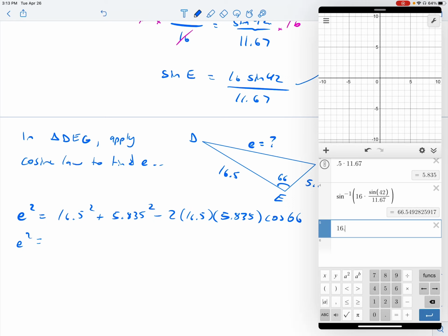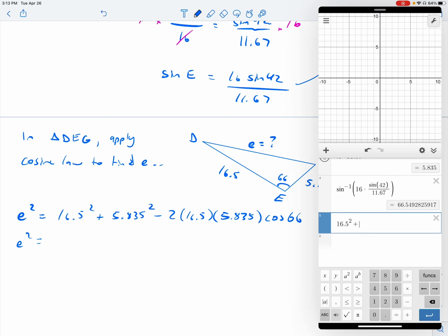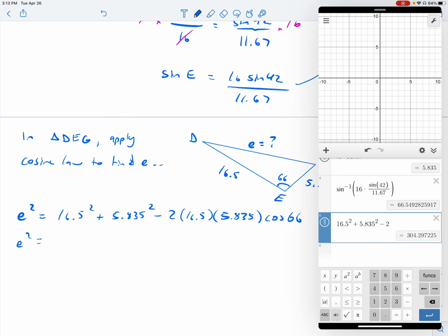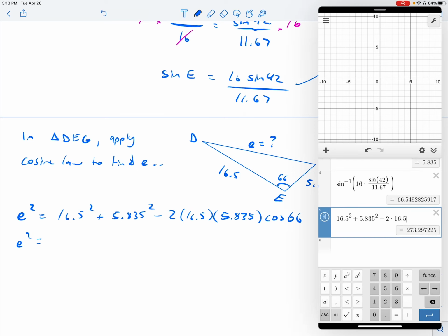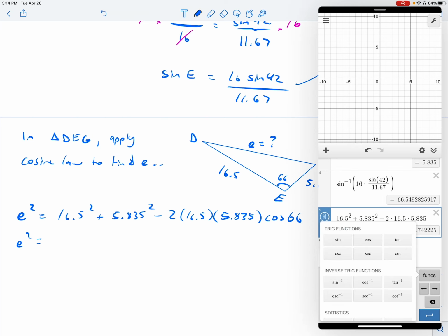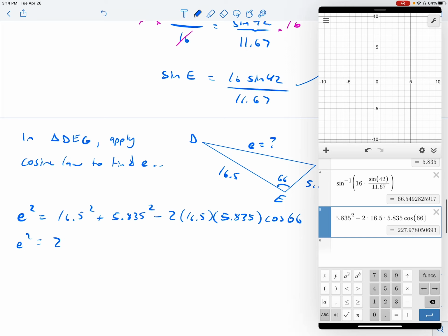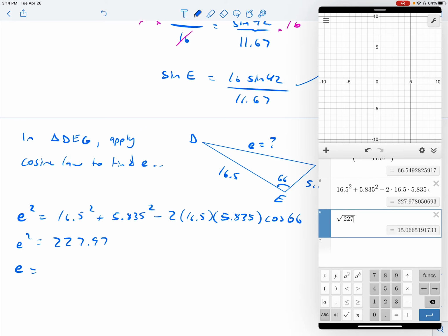So we'll do 16.5 squared plus 5.835 squared minus 2 times 16.5 times 5.835 times cos of 66, 227.97, and then we'll root that. 15.09, so 15.1.